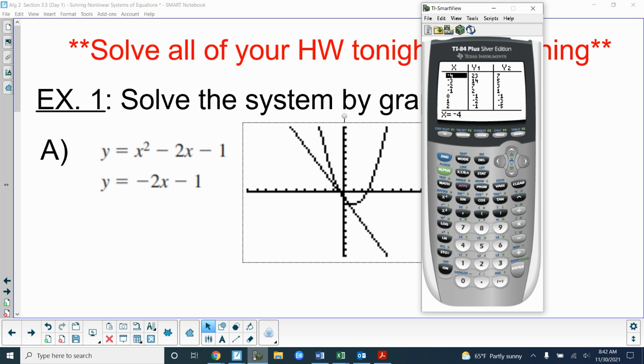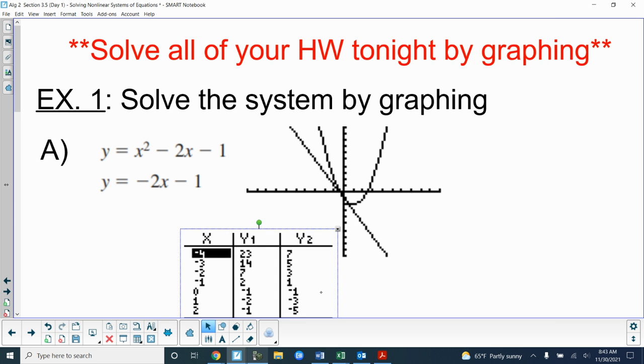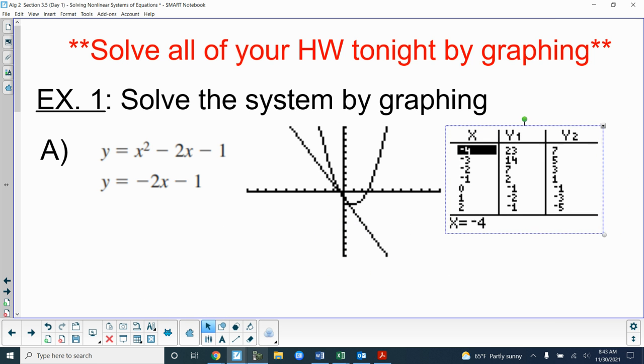That looks like that's it. I'm just looking here at my X values where it looks like it meets. It looks like my X value of -1, -2, -3, and then 1 and 2 for my X's. It might go there also. So somewhere between, maybe at the vertex. So I'm going to have to use my calculate menu.